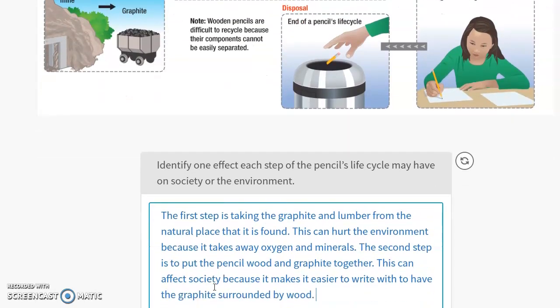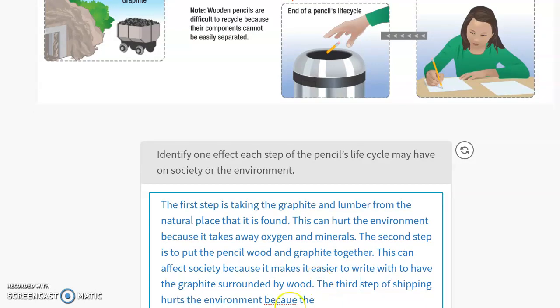Okay? The shipping, the third step, hurts the environment because the gas pollutes the air.